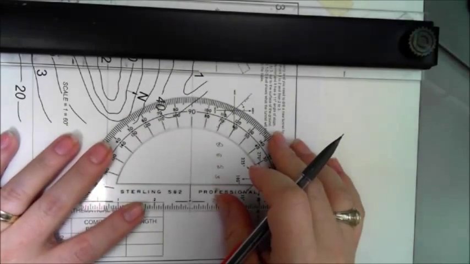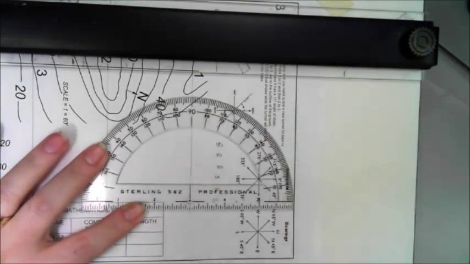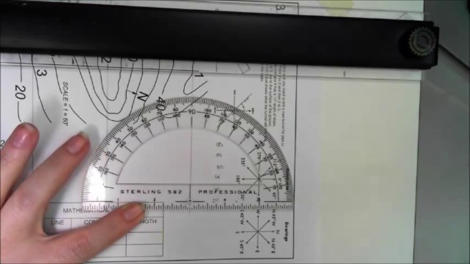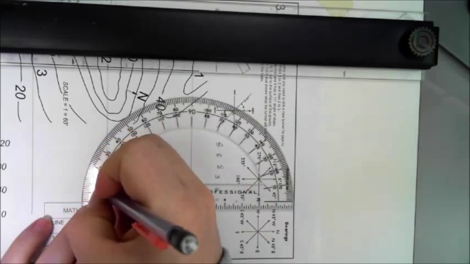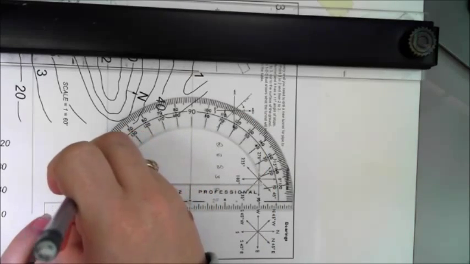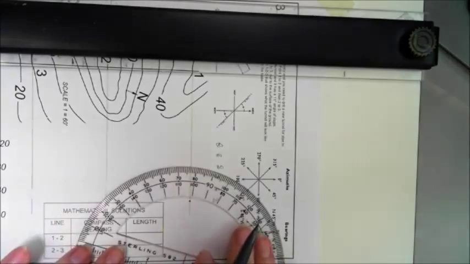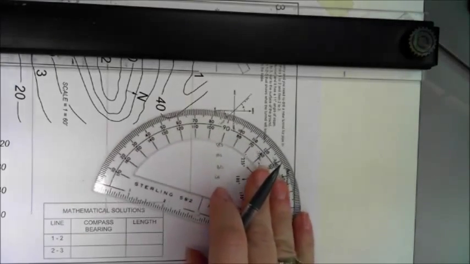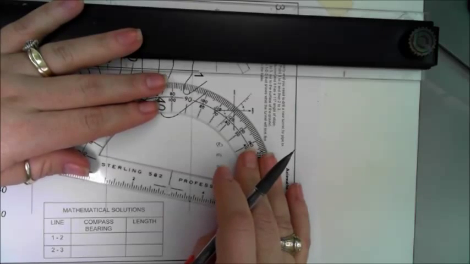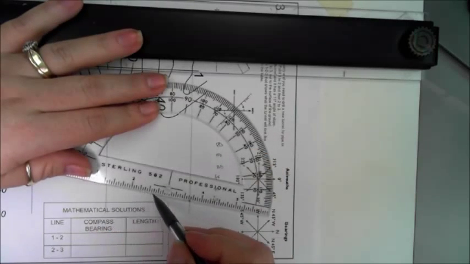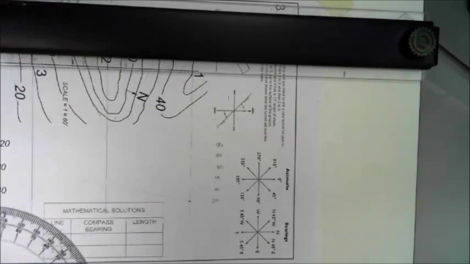Protractor, line it up. Here's 10, 11. Mark it. All I did was mark it with a point. Connect those.